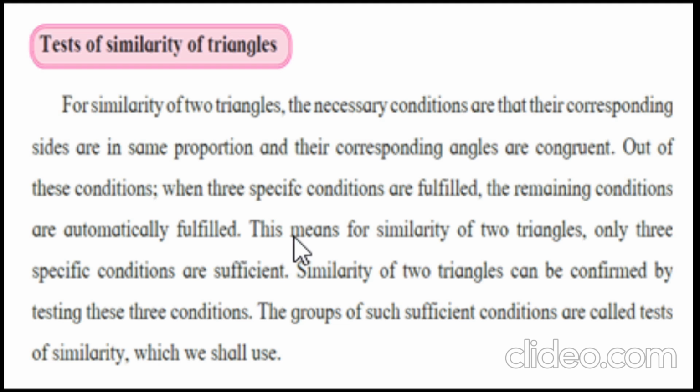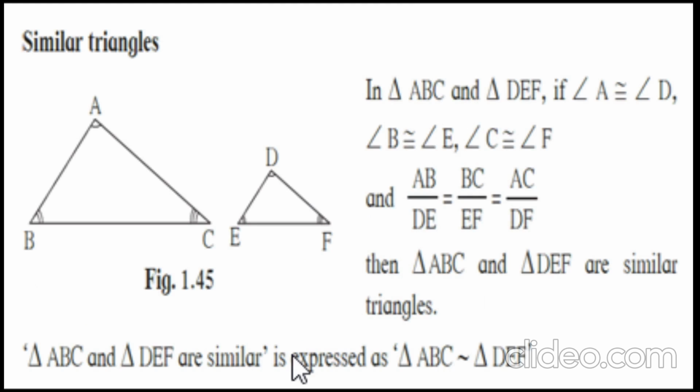So for similarity of two triangles, only three specific conditions are sufficient. The groups of such sufficient conditions are called tests of similarity, which we shall use in practice set 1.3 and other sums.